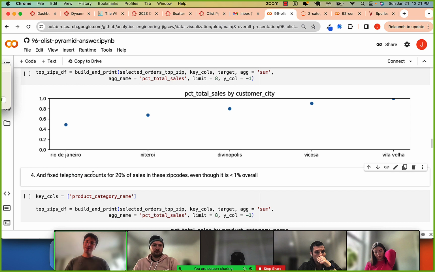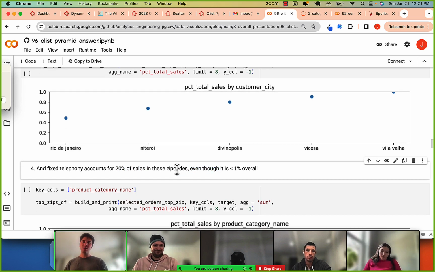And then this was interesting, right? The fixed telephony, I don't know what that is, accounts for 20% of sales in these zip codes, even though it's less than 1% overall. So I would probably try to figure out what's going on there, because it probably is some sort of signal of differences in the kinds of customer compared to the overall data.